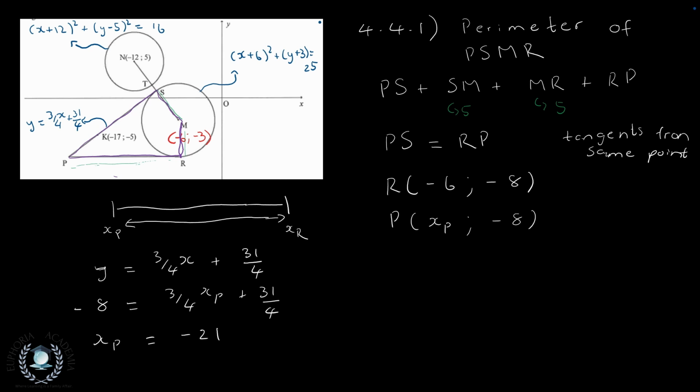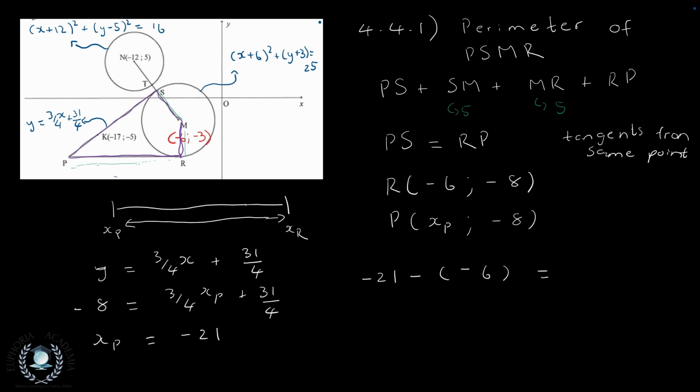Now, how are we going to get that distance of xp and xr? Well, we have -21 and the other one is -8. So we essentially need to find the difference between them to see how far apart they are. And apologies, not -8, it's -6.